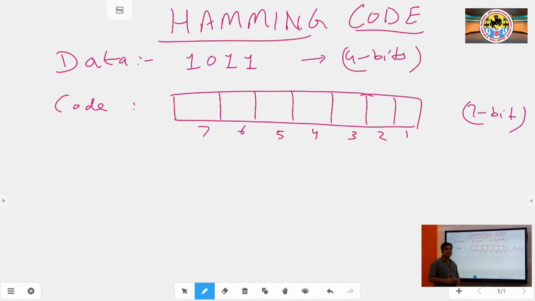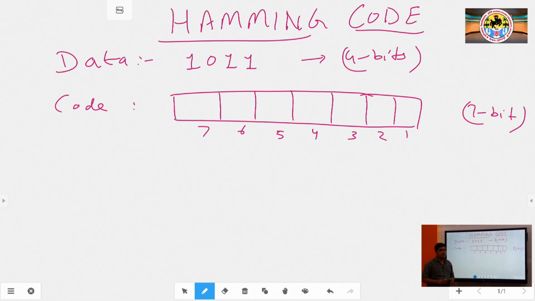Here we have taken an example where data is of 4 bits, so our code will be of 7 bits. If data increases, then code size also increases. So, I have written a dummy code which is 7 bits long.